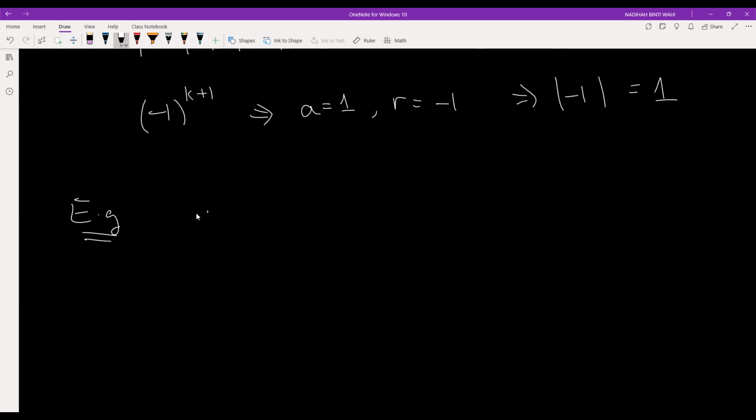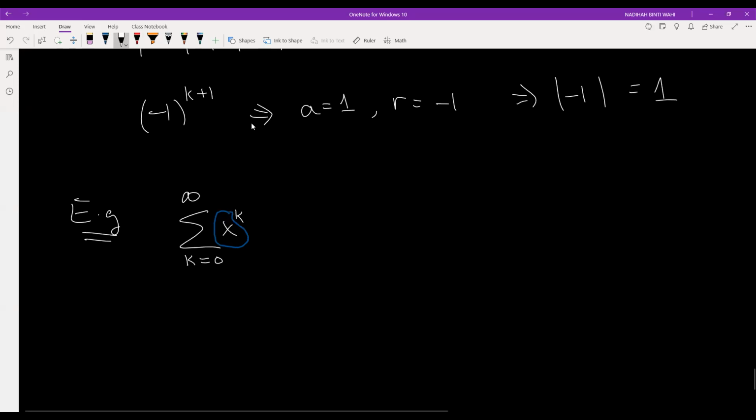If I have the summation of k equals 0 to infinity of x to the power of k, in this case I didn't specify this value x.